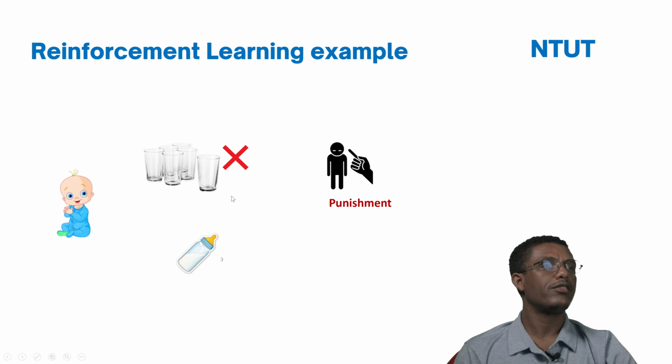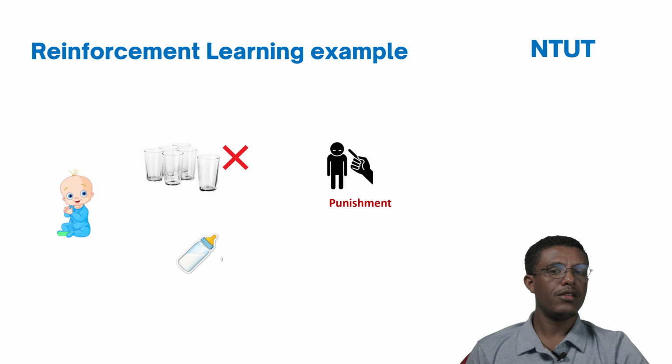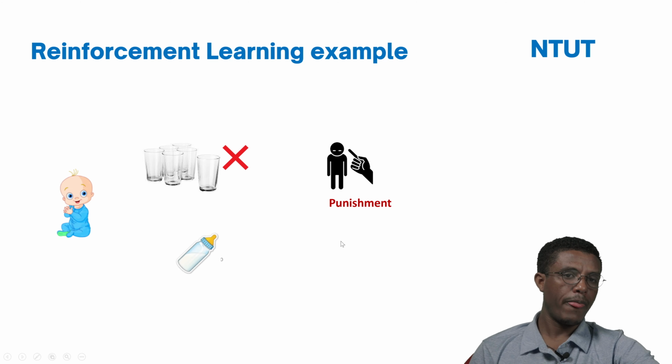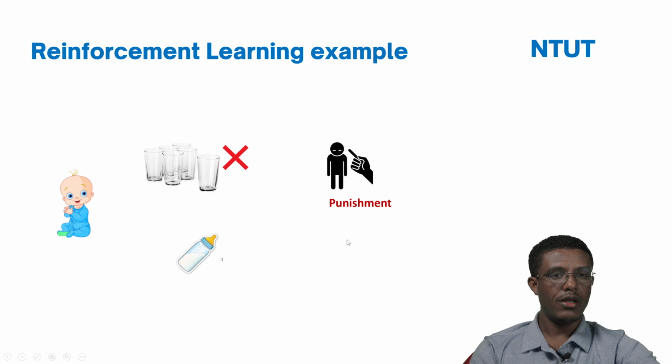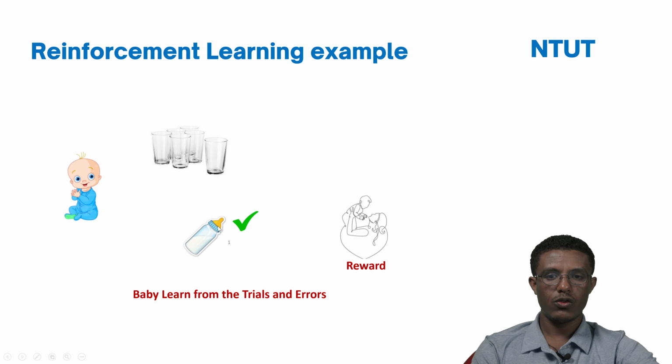Then the next time, the baby can understand that it should try to do good things in order to get a reward, in order to get this milk. This is the way the baby learns how to perform good actions. So the baby learns from trial and error.